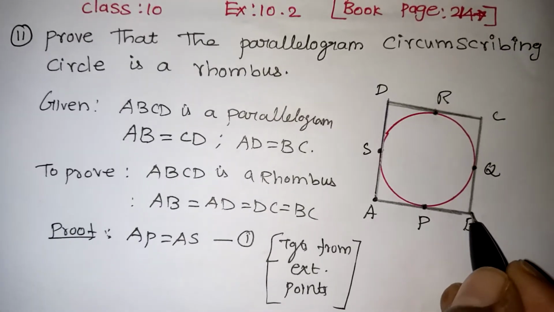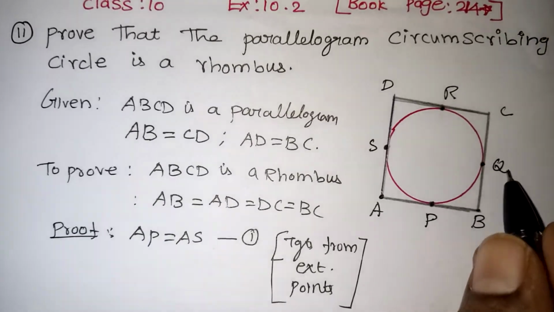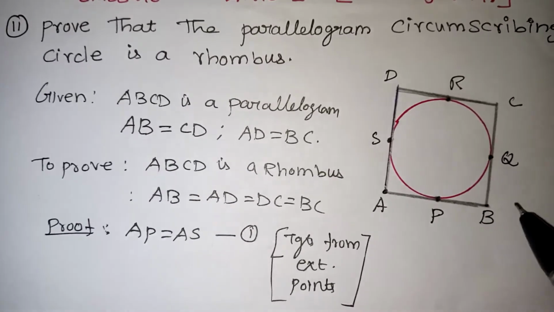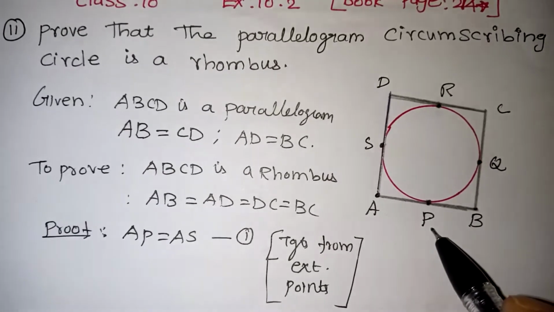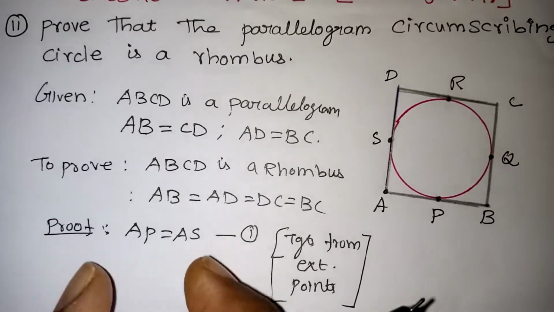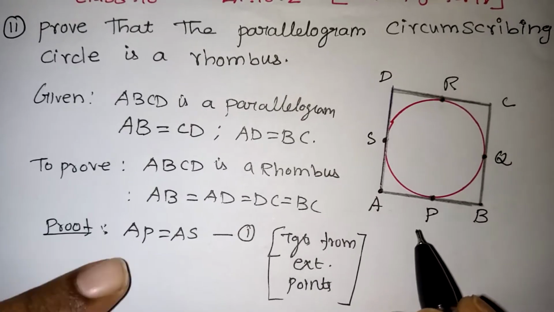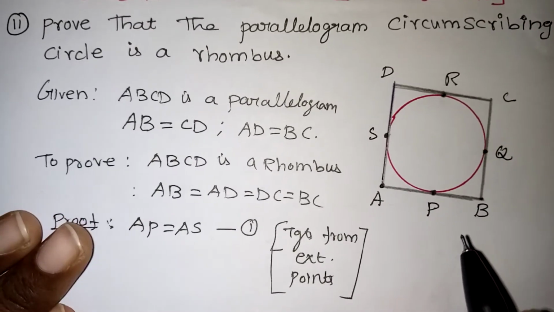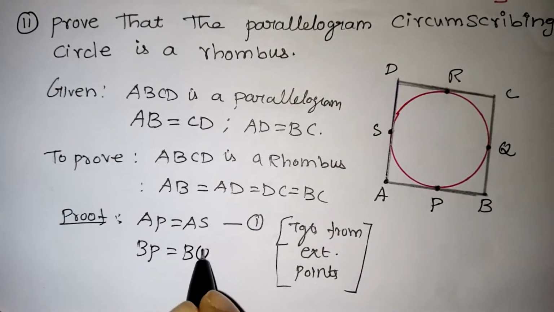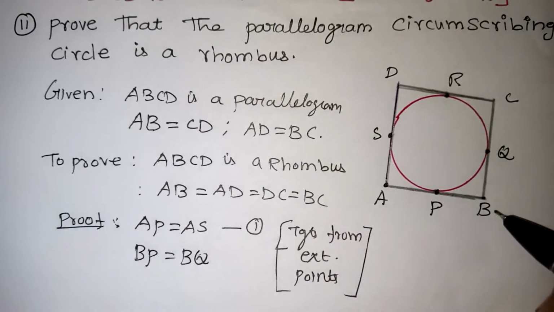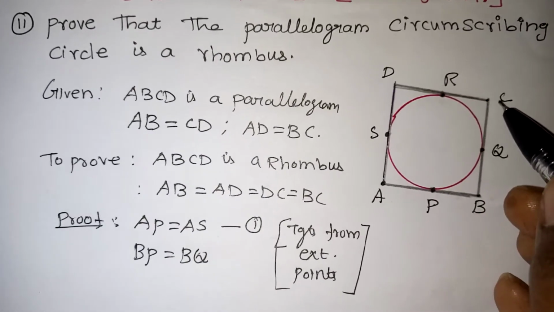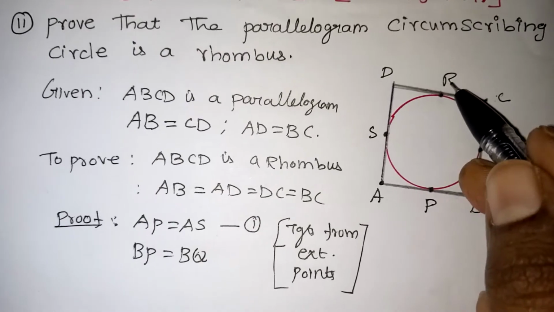Now from B, we can say that BP is equal to BQ. So here we have taken AP on the left hand side, but AP and BQ cannot be added. That's why the order of writing is very important. Since we have AP on the left hand side, we should write BP is equal to BQ. Now from the point C we have two tangents, CQ and CR.